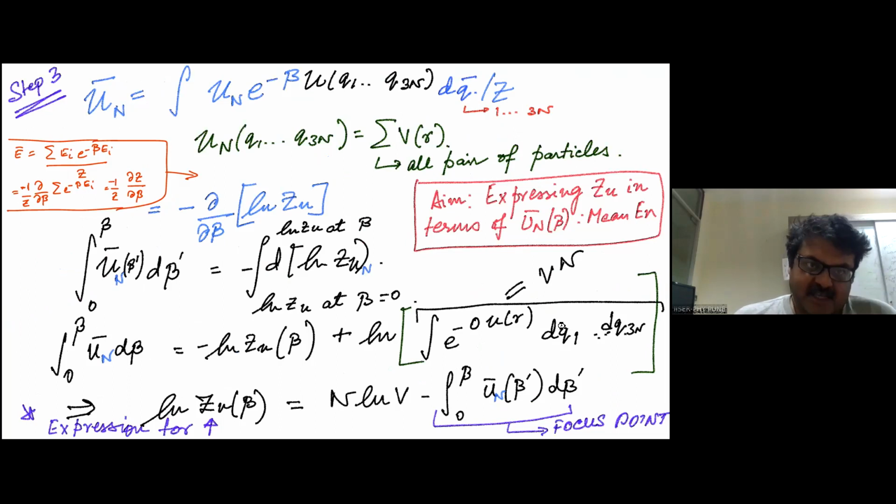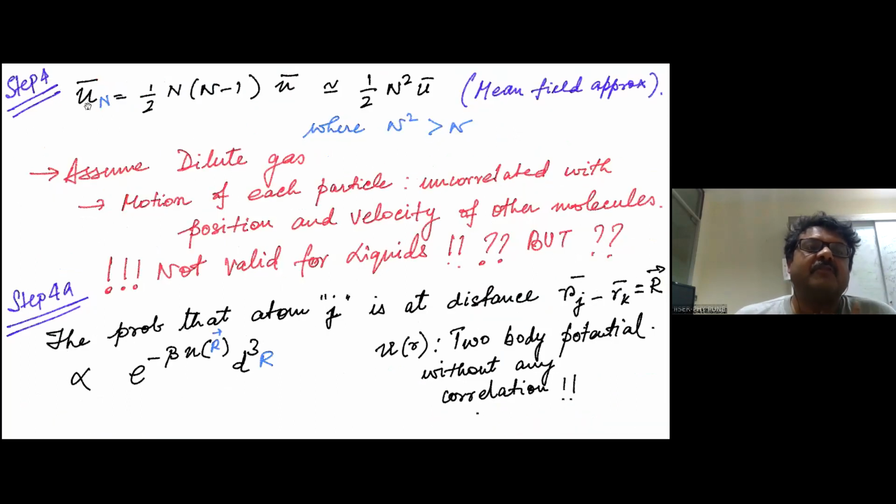The next thing we are going to do is simplify this mean energy of N particles into all possible pairs, N into N minus 1 pairs. To avoid double counting, you have this half here. N into N minus 1 is practically N squared, especially when N is large.